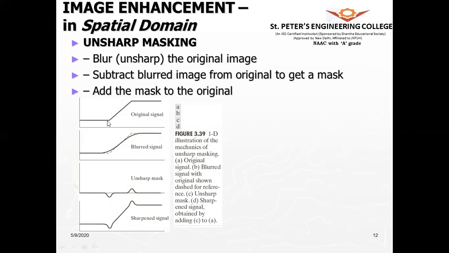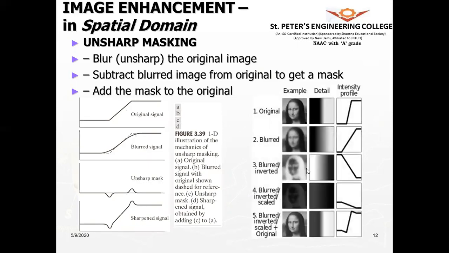For example, you see these are the sharp edges here. By performing a blurring operation, we eliminate those sharp edges, then we subtract this, then we get only the sharp mask, and then we add it to the original and we get the sharpened image.